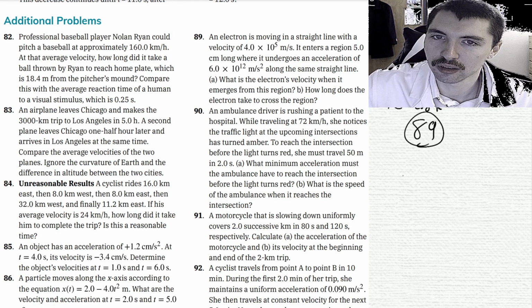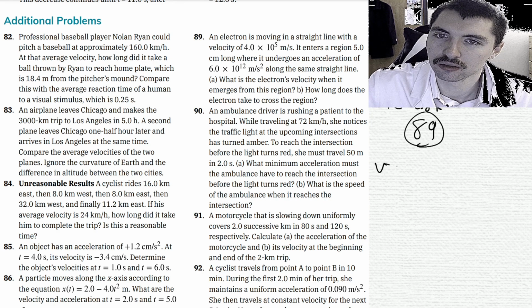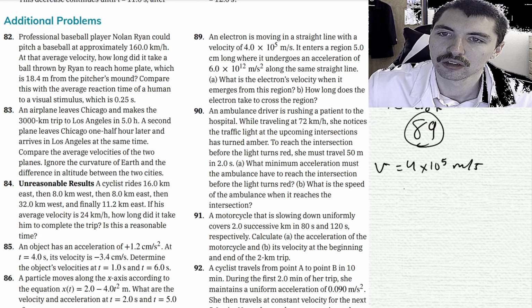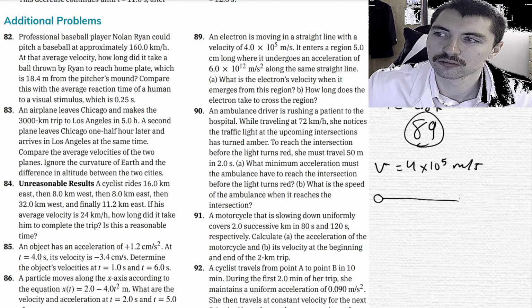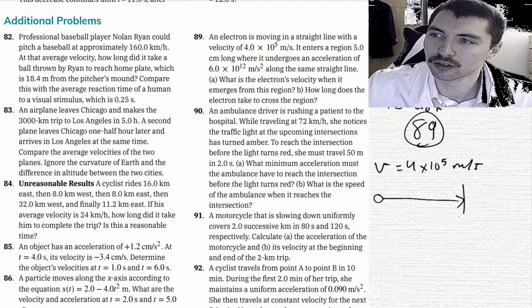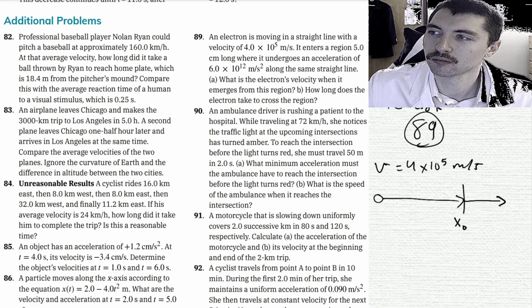An electron is moving in a straight line with a velocity of 4 times 10 to the 5. It enters a region 6 centimeters long. Okay, so let's say x naught is here, and this will be x.